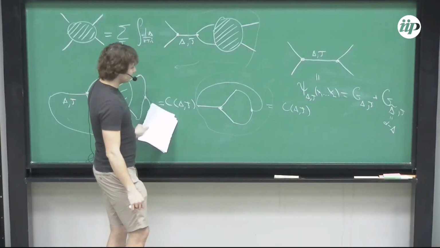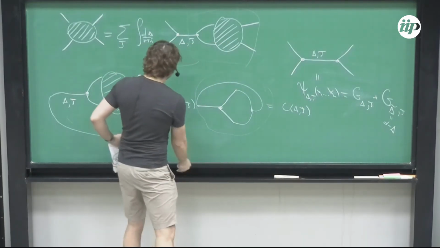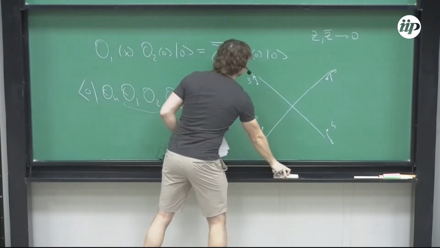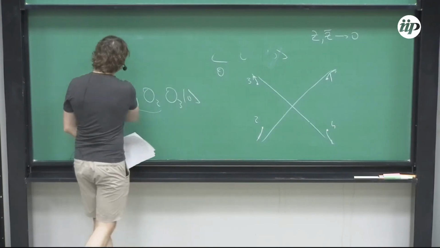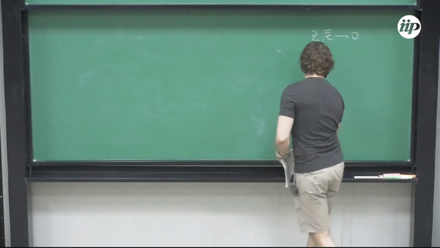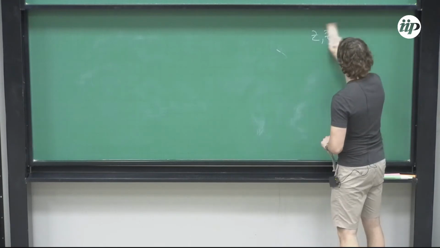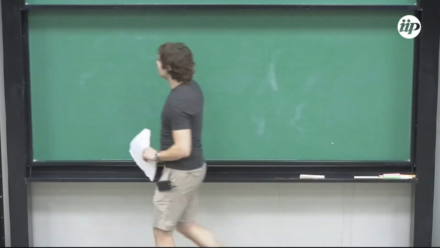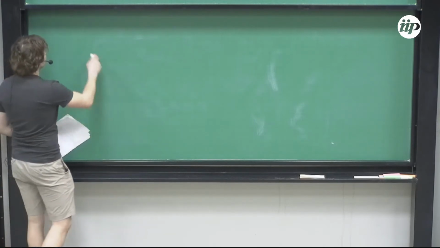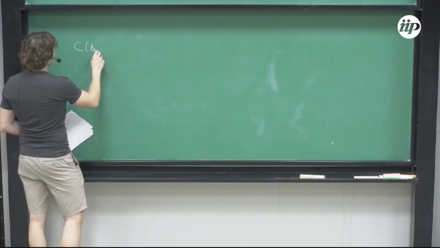And then this identity, if you rewrite this in terms of the 4-point function, you'll find that it gives you C delta J as the following integral.